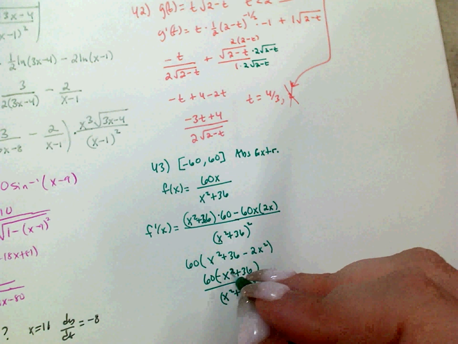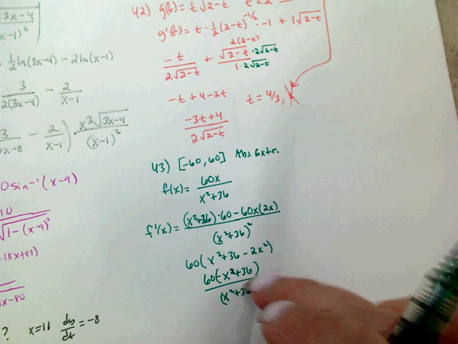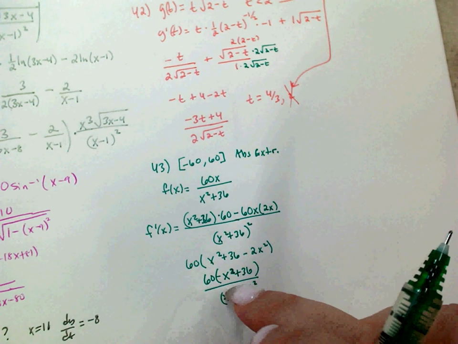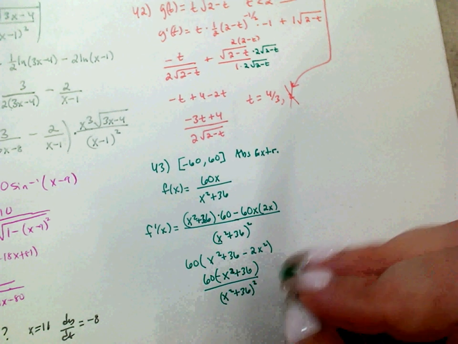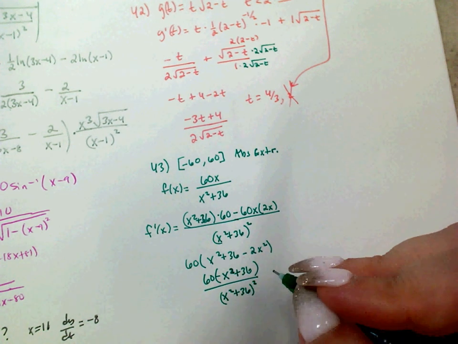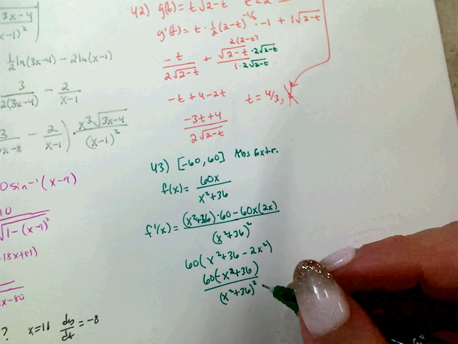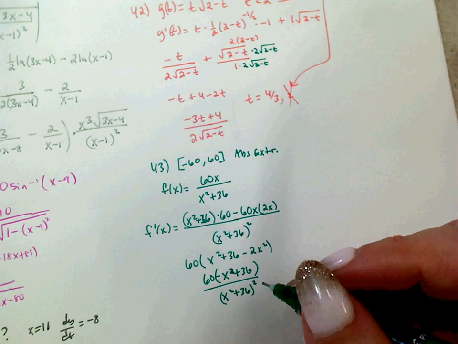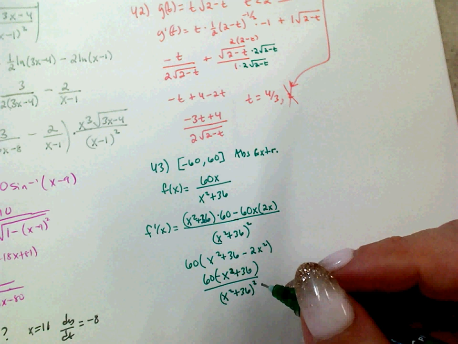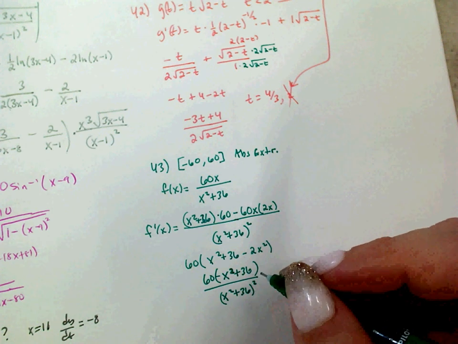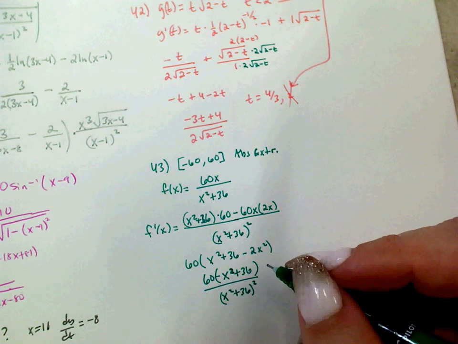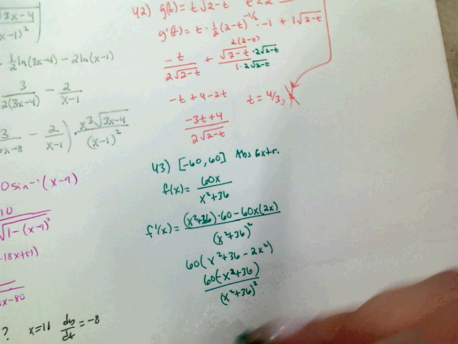Negative x squared plus 36 is just 36 minus x squared, so 6 plus x, 6 minus x. Either way, you get critical points at x equals plus and minus 6 from the numerator.